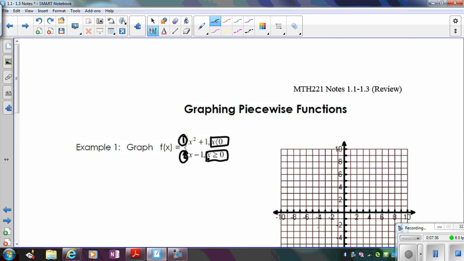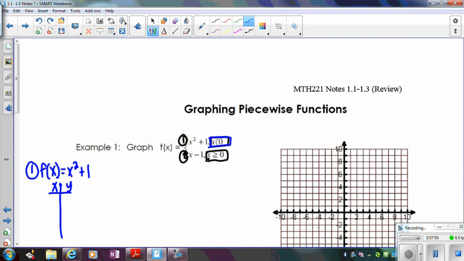So I'm going to start with function number 1. Function number 1 is f of x equals x squared plus 1, and I'm only going to use this when x is less than 0, not equal to it, just less than 0.